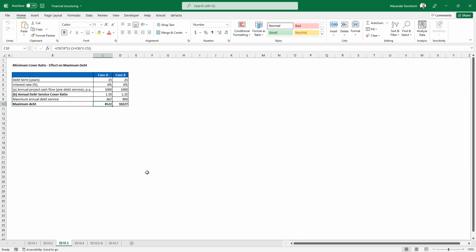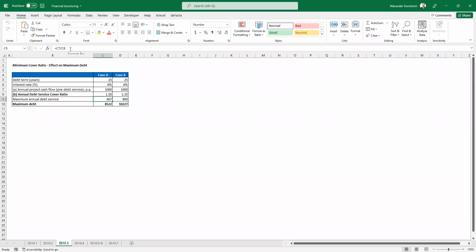If the lenders require a minimum 1.5 ADSCR, this means that debt service cannot be more than 667. That is 1,000 divided by 1.5. Here is the calculation.